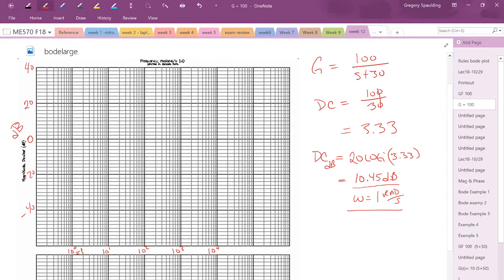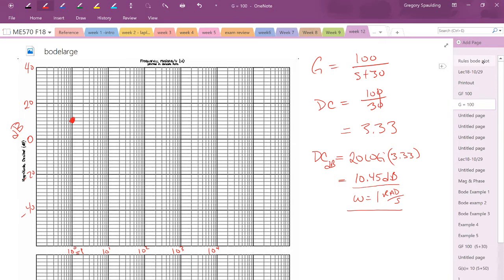Okay, so that's going to be my axis, and this is going to be a fairly common axis for the plots that we deal with. Okay, so now I want 10.45 on 1, and so I'm coming up here about halfway, and I'm going to make a point there. That's going to be our starting point for our asymptotic Bode plot.